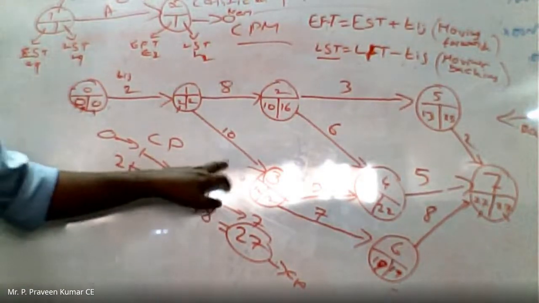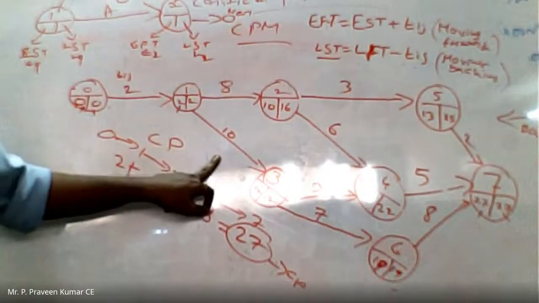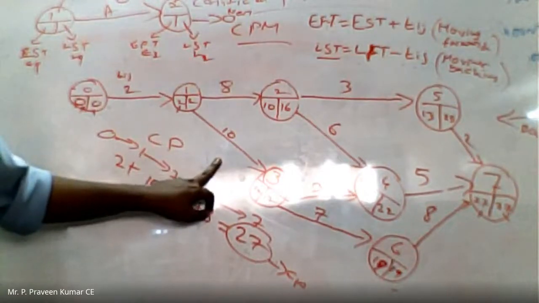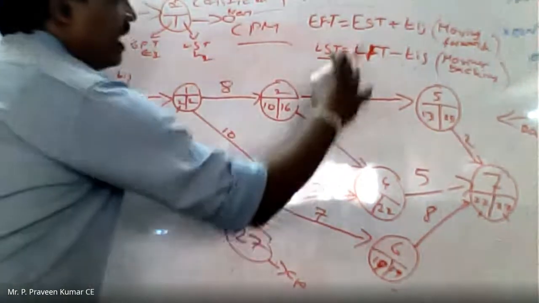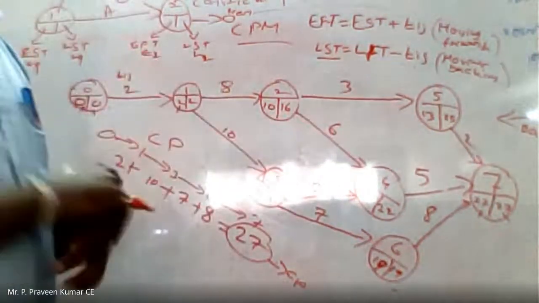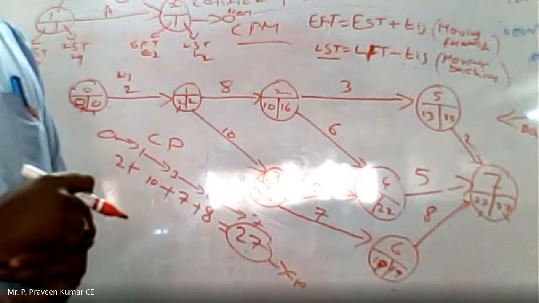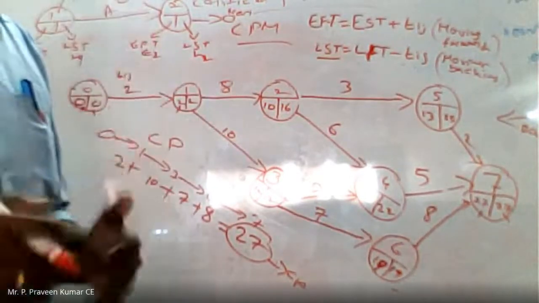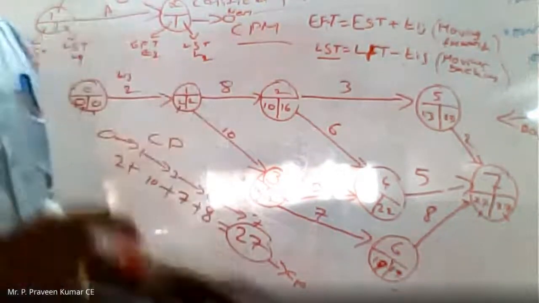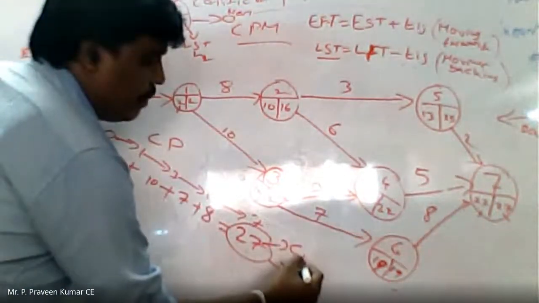In this way, we need to define which path is critical and which path is non-critical. Now we have decided the critical path. The other paths are nothing but non-critical paths, and we are not going to consider them. The maximum value that we get is the critical path. Here 27 is the critical path.